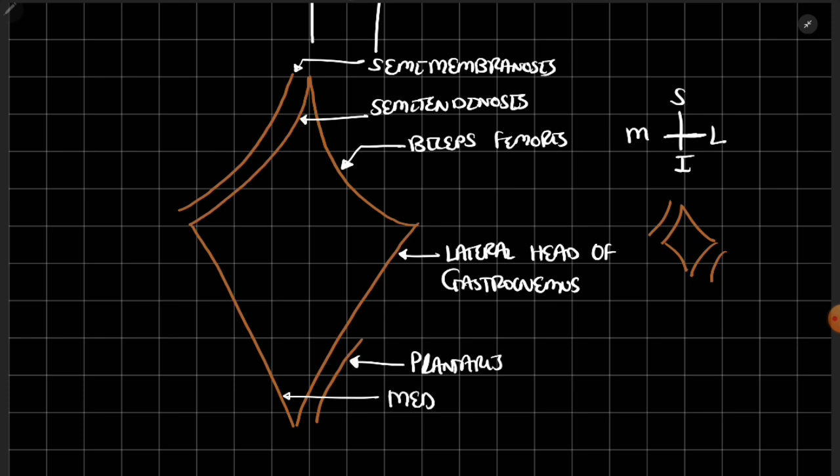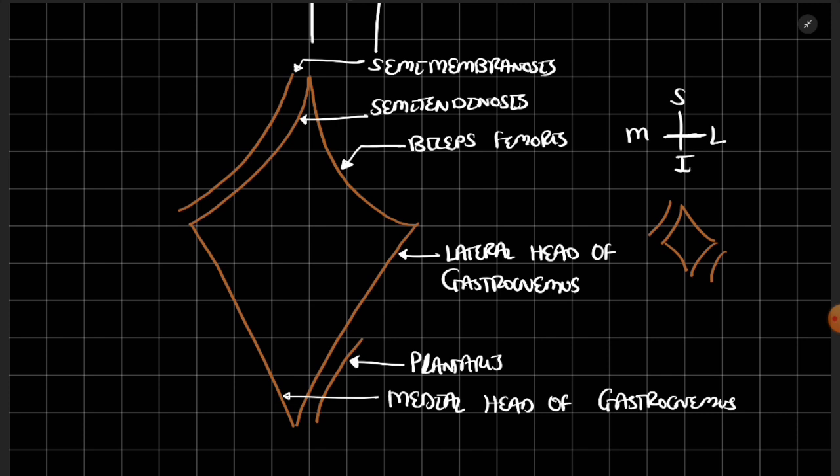The medial head of gastrocnemius. So these are the boundaries. Superior laterally, the biceps femoris; superior medially, the semimembranosus and semitendinosus; inferior medially, the medial head of gastrocnemius; and inferior laterally, the lateral head of gastrocnemius and the plantaris.